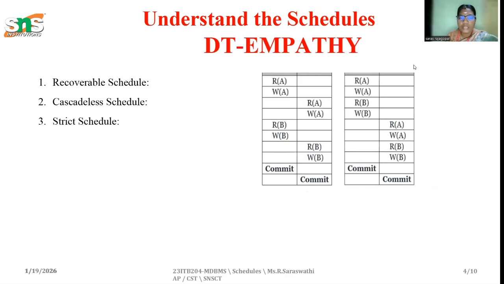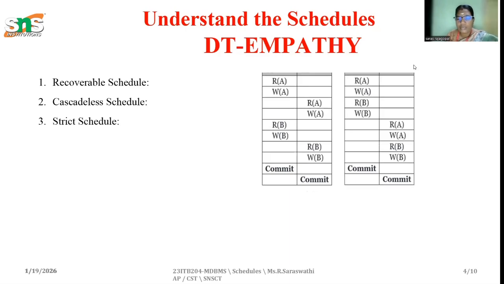Among the types of schedule, there are the recoverable schedule, cascadeless schedule, and strict schedule. Consider a schedule with transaction T1 and transaction T2. Transaction T1 contains read of A and write of A. Both read of A and write of A are completed.